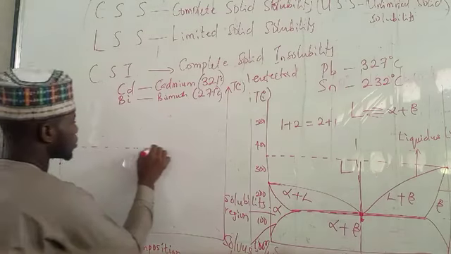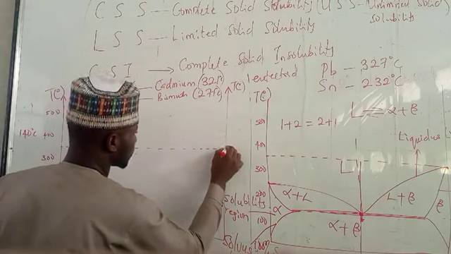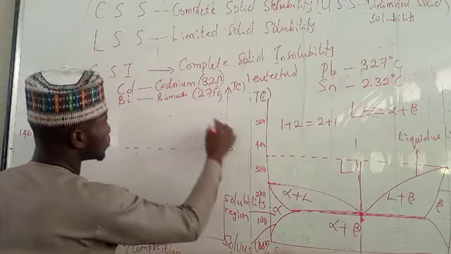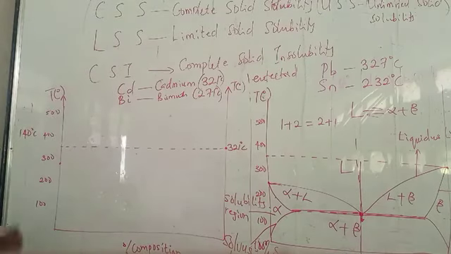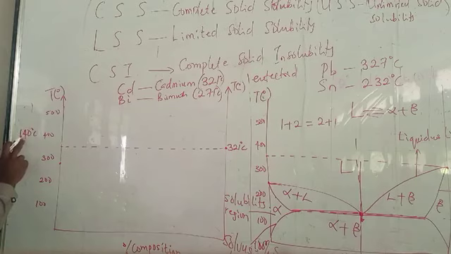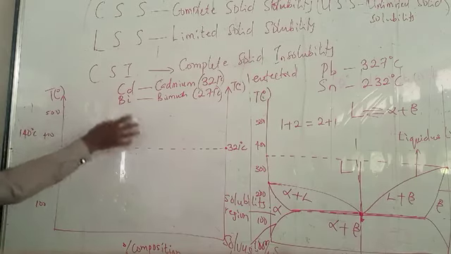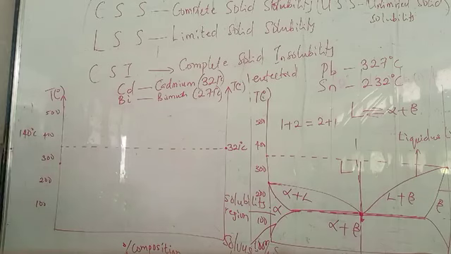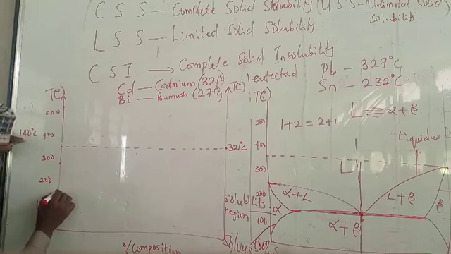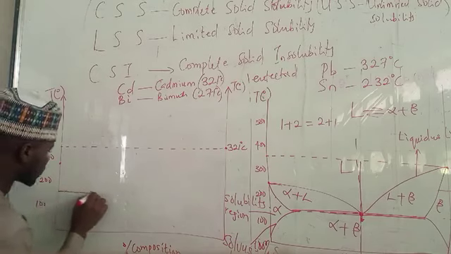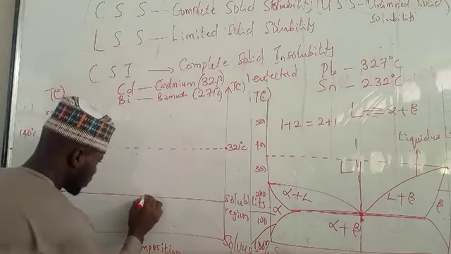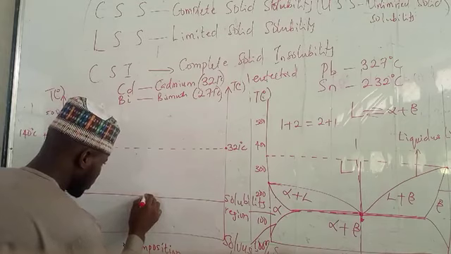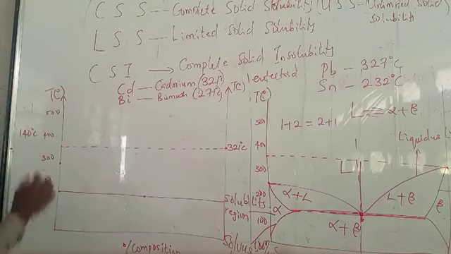Remember, I said the eutectic line for this type of phase diagram, which is complete solid insolubility, occurs at 140 degrees Celsius, and at a composition of, let me say, 67% cadmium.